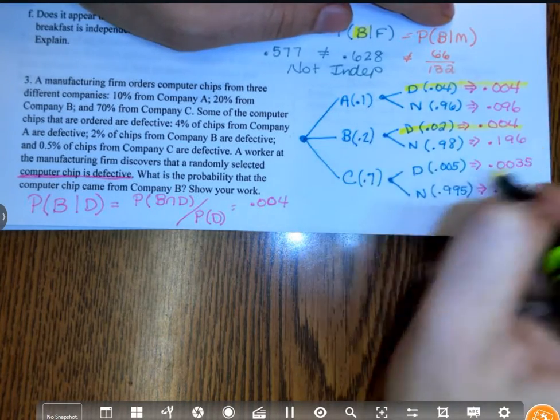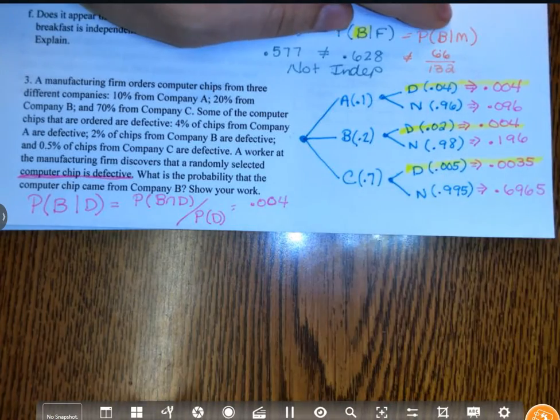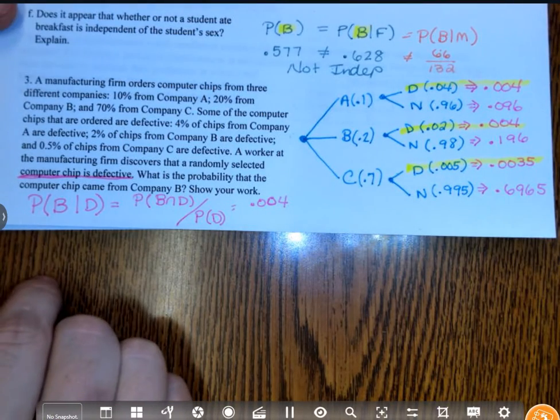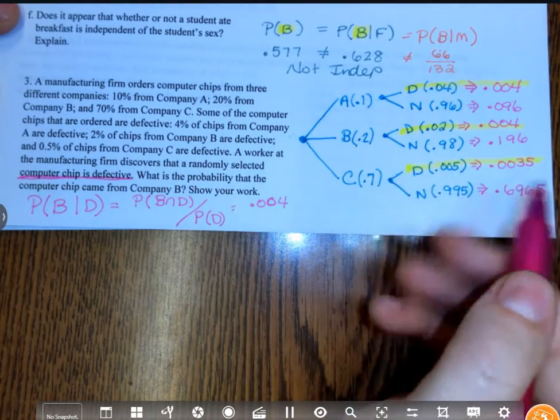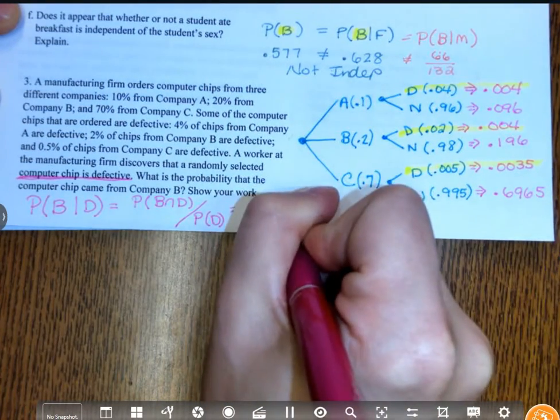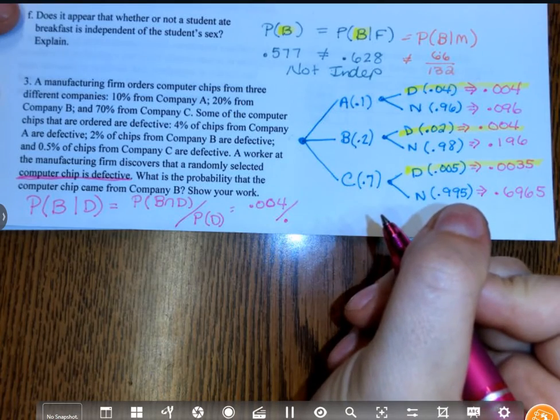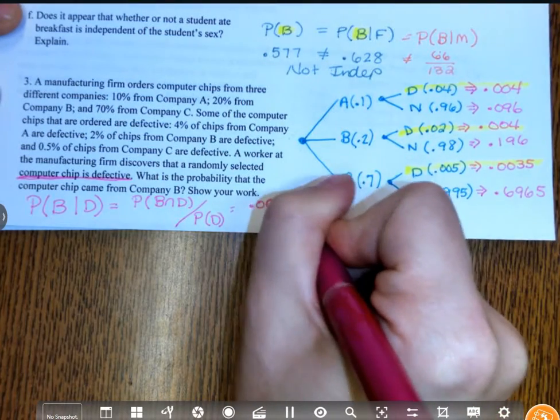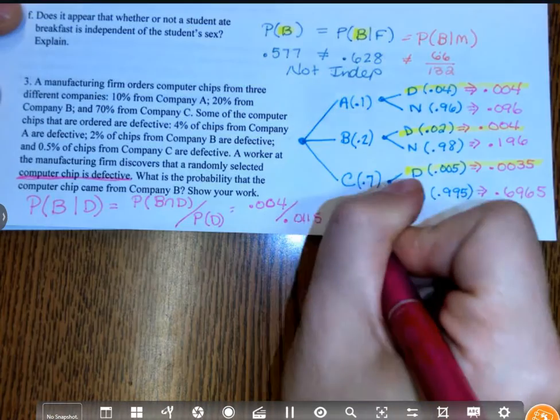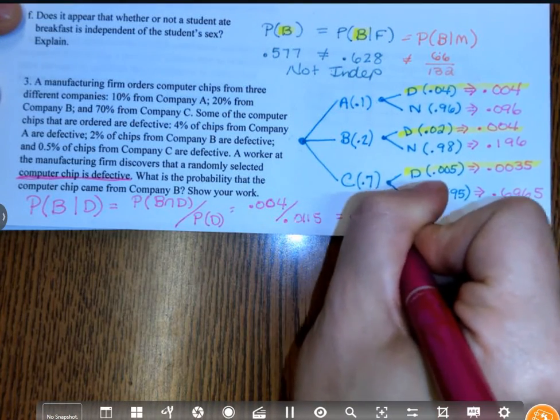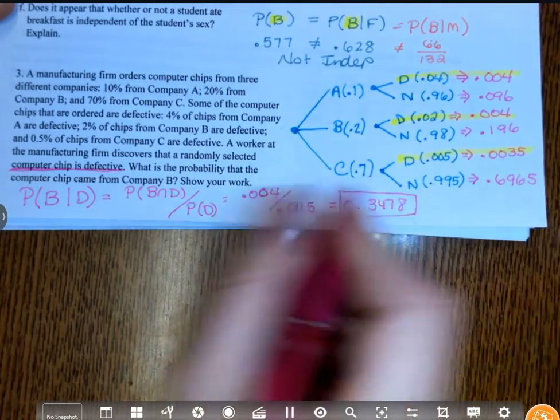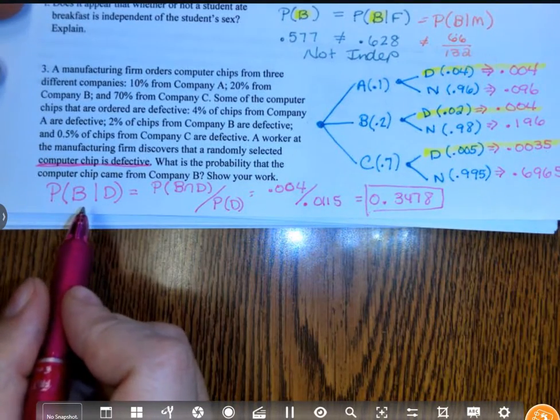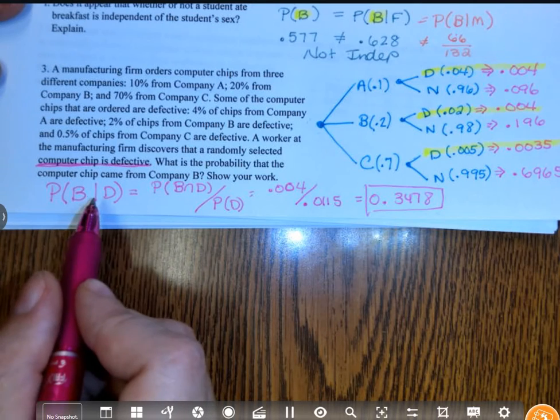That one, this one, and that one. What is the probability of overall defectiveness? Starts with a point. 0.115. Good. And when you divide that out, that is the probability that it came from factory B or company B, given that we already knew it was defective.